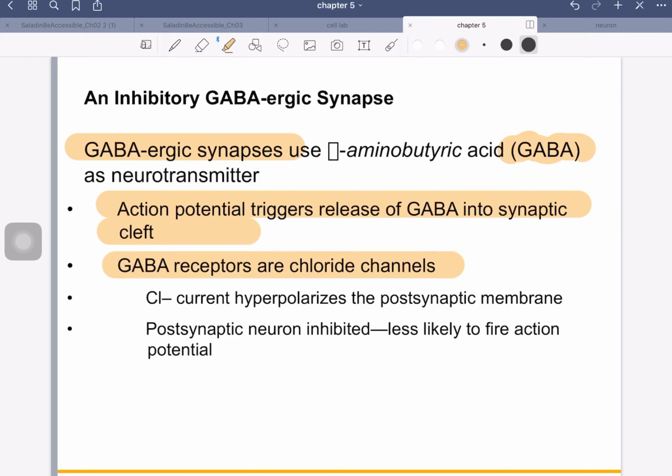So not surprisingly, if I open a chloride channel, chloride rushes into the postsynaptic neuron, and it's going to start to hyperpolarize the postsynaptic neuron. So I get a hyperpolarization, which means that neuron is less likely to fire. You can view it that the postsynaptic neuron is inhibited, much less likely to fire.